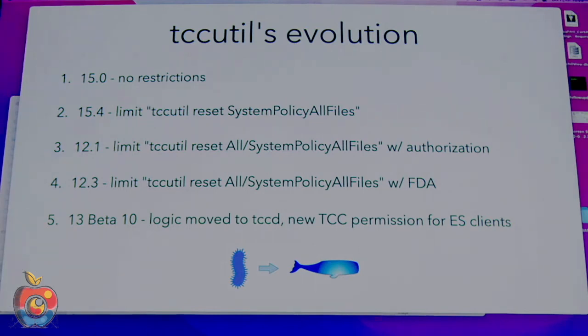And then from Monterey, it started to limit both the all and the SystemPolicyAllFiles part with authorization. From 12.3, the same, but now with the Full Disk Access requirement. And now with Ventura, the logic is moved to TCCD, and there are new TCC permissions for ES clients.